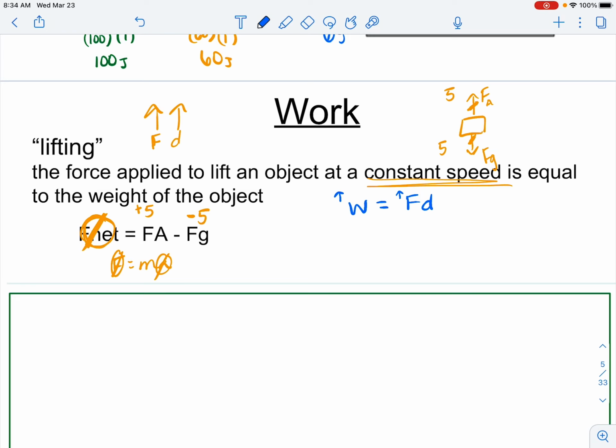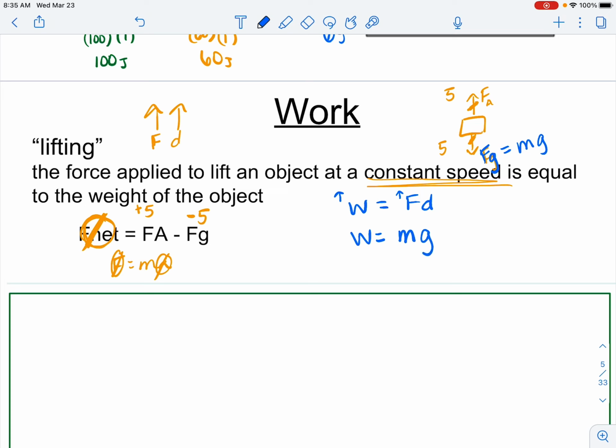What if instead the question says that I have a 1.25 kilogram box? Well, if we understand that the weight of our object is calculated by saying mass times gravity, then when we get ready to calculate the work done to lift it, since the force applied and the gravitational force are equivalent, we are going to calculate the work by using the 1.25 kilogram mass that they gave us.